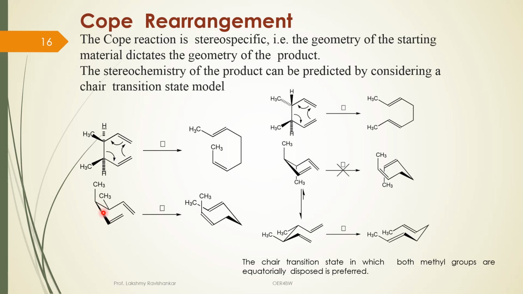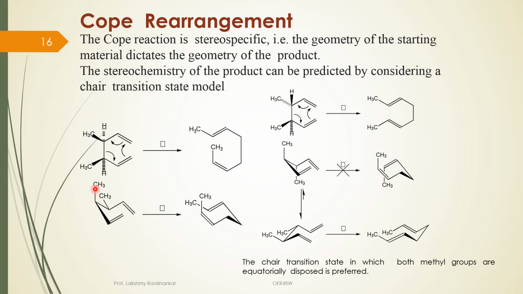So the best way to do it is, imagine that you are having a chair, draw the chair conformation of a simple cyclohexane molecule, and one of the carbon-carbon bonds is not there. So this becomes my hexadiene system. You put the olefinic, the terminal carbons, there is a pi bond here, and now you see that you have two methyl substituents, both are above the plane.